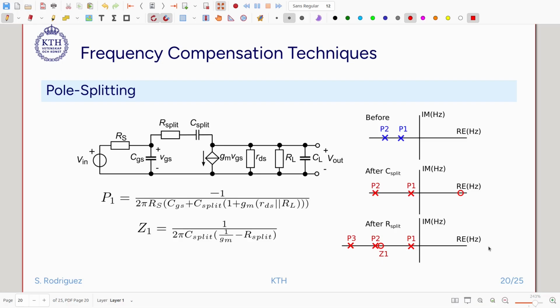One that is very popular is pole splitting, which basically consists of adding a capacitor and a resistor connected in series in the middle of a common source stage somewhere in our amplifier, typically in the second stage.